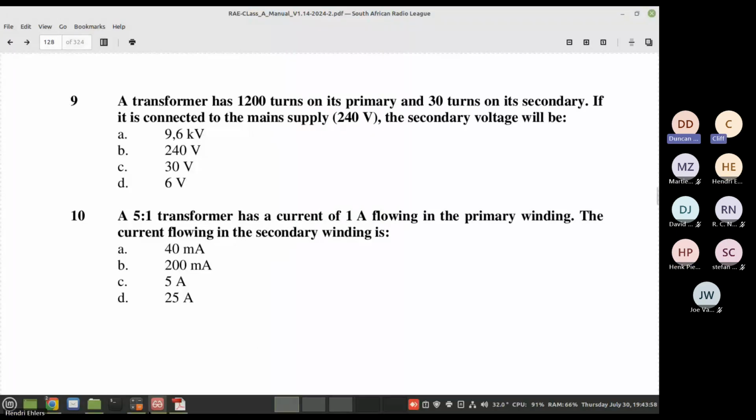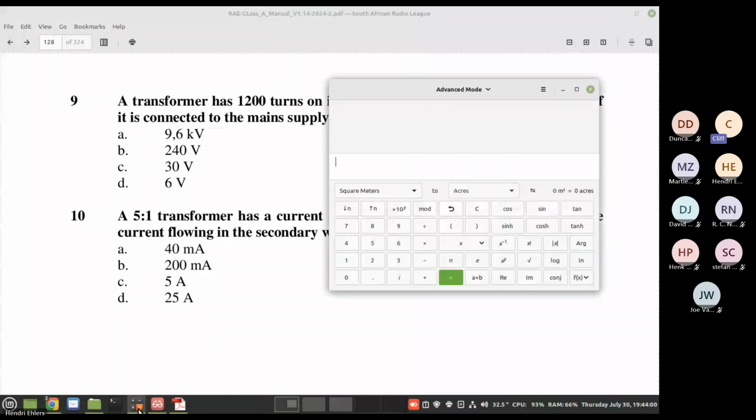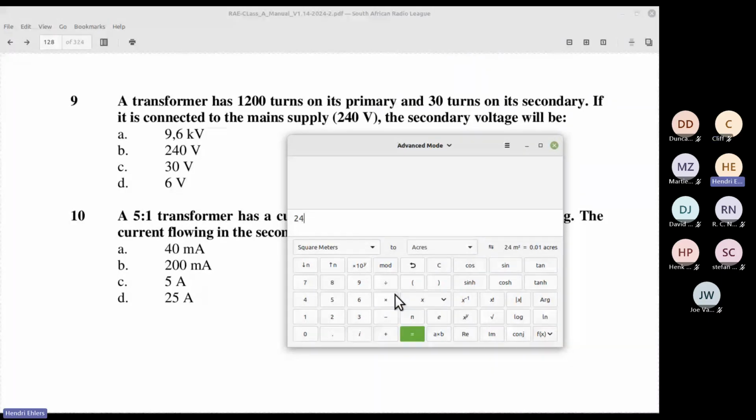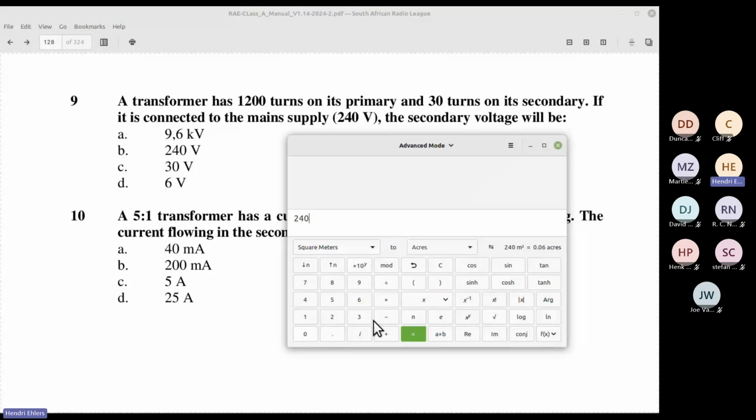I agree, but I still used the 1,200 over 30, and I still got the same answer. I guess it's a ratio, so it should work the same.